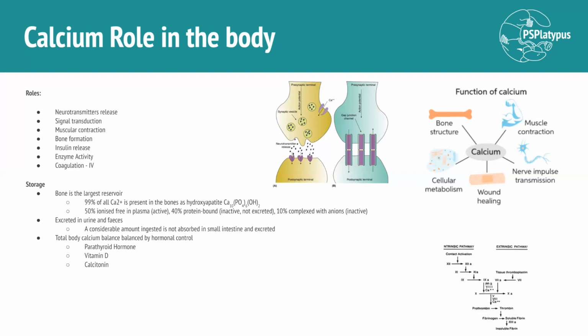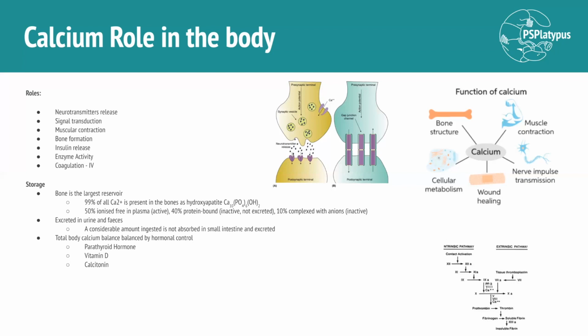With 99% being present in the form of hydroxyapatite. The 1% that is remaining can be broken up into further categories of being ionized, protein bound, and complexed with anions.